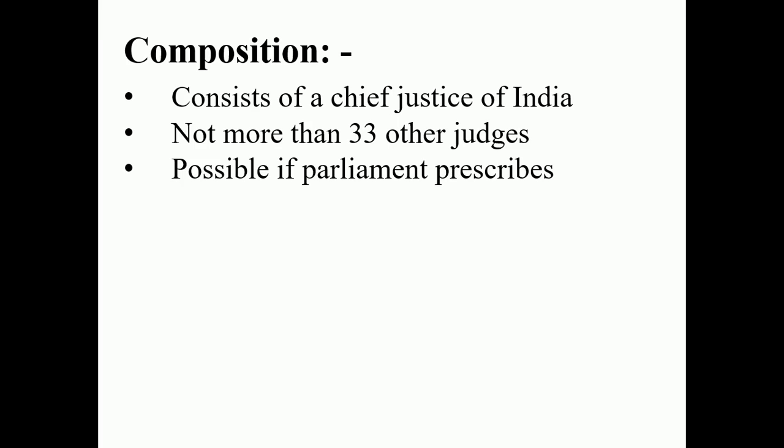That's why I have told you, right now in the Supreme Court there are 33 judges plus 1 Chief Justice. Altogether 34 judges are there. So this is the composition of the Supreme Court.